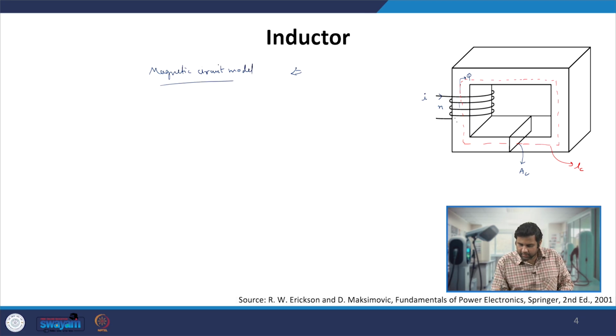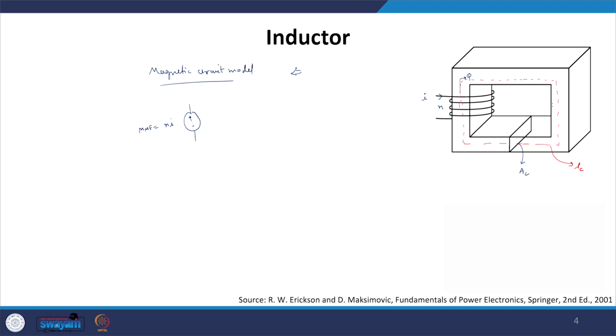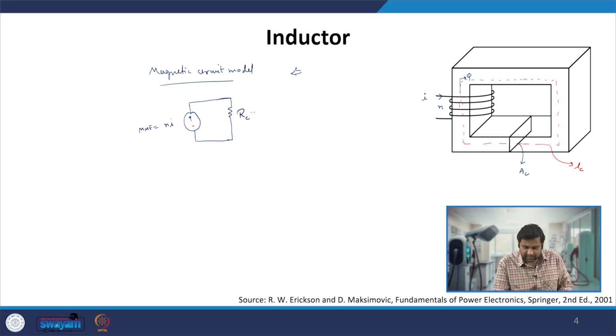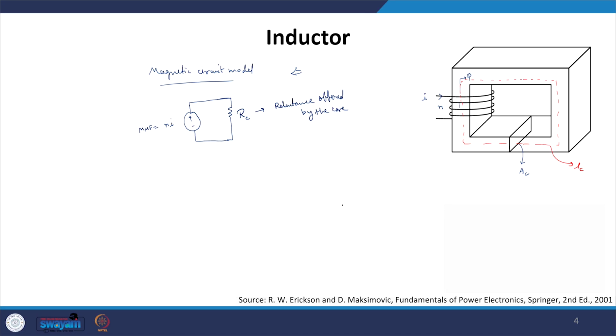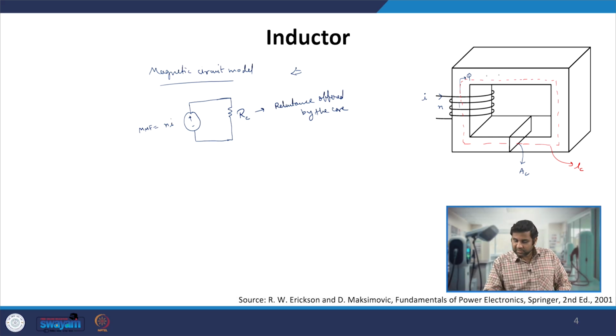It will look like this: we have one voltage source having the value Ni, which is the MMF, connected to a reluctance called Rc, which is the reluctance offered by the core. Reluctance is the resistance offered to the flux which is being built in the core. So, this is the flux flowing through the core.